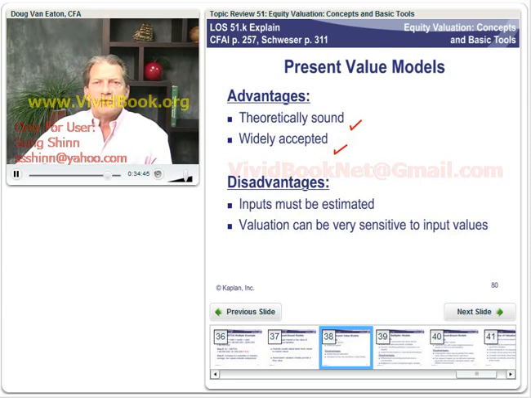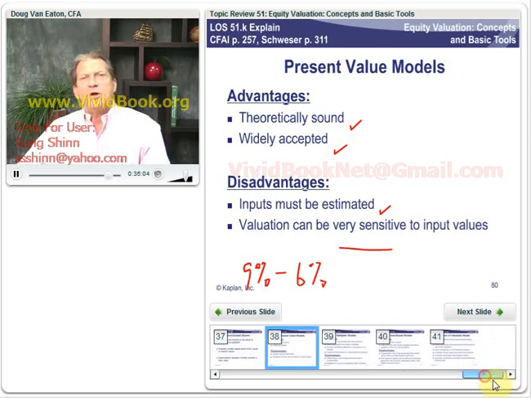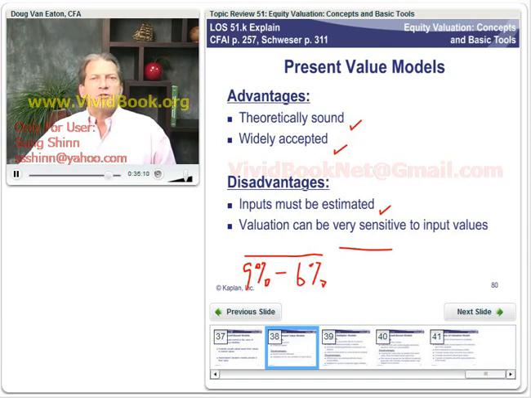But the inputs must be estimated, and valuation can be very sensitive to input values. If we're talking about a required rate of return of 9% for our K, and we say, well, G is 6%, that's our denominator. So we're really multiplying that D1 by 1 over 3%, by 33.